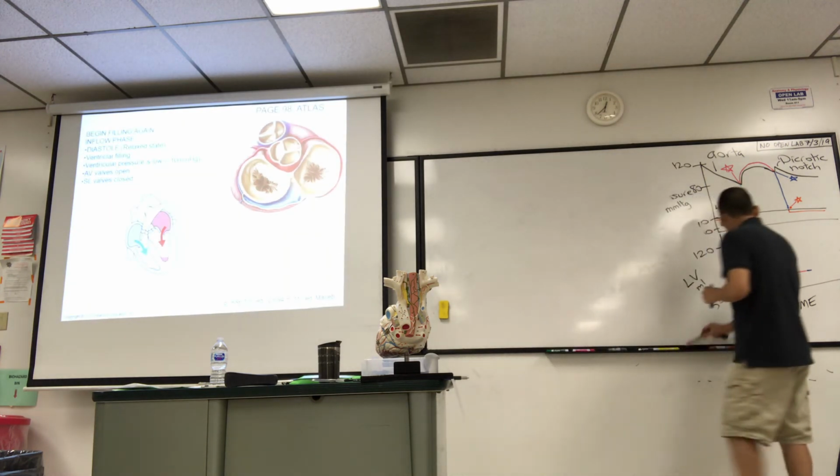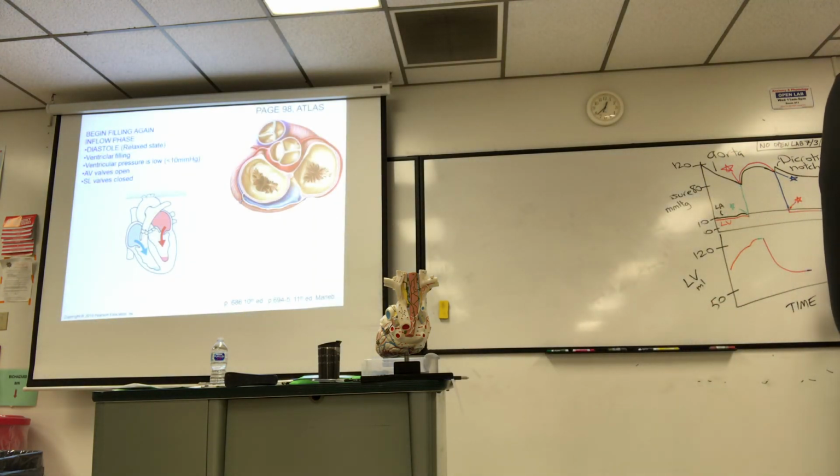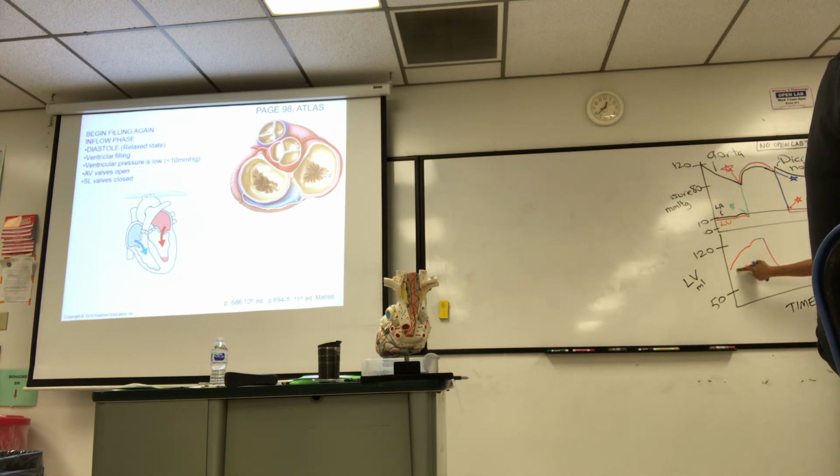So I'm going to draw yellow, this is orange, sorry. You're filling again. And I'm going to fill exactly to where I left off. Got it? Filling, what we called this prior was early diastole, the beginning of ventricular filling, when the bicuspid valve opens again.